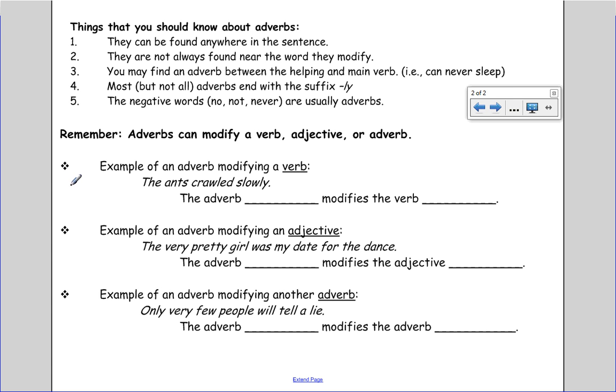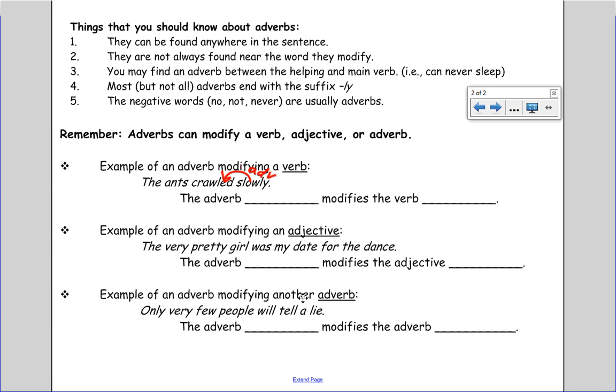So quick reminder, the arrows can go from an adverb to a verb, an adjective, or another adverb. So when we have the ants crawled slowly, the adverb would be slowly, and it's modifying the verb crawled. So we would draw the arrow back to crawled. So how did the ants crawl? They crawled slowly.